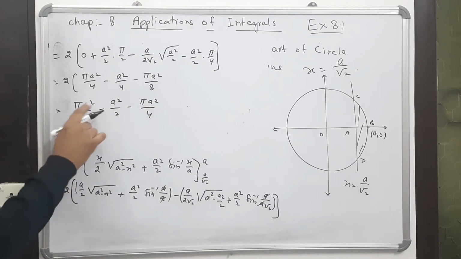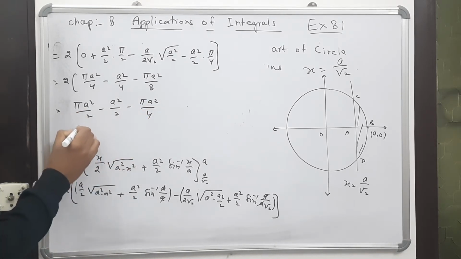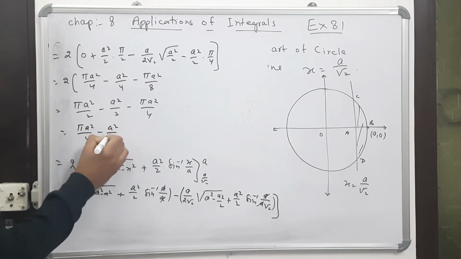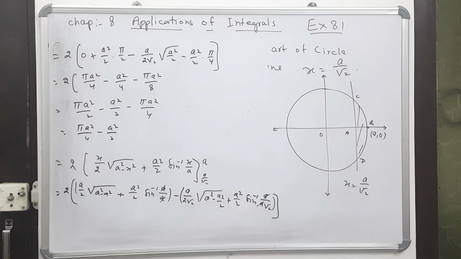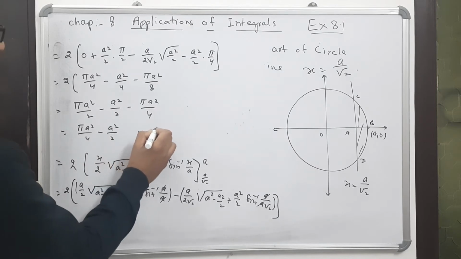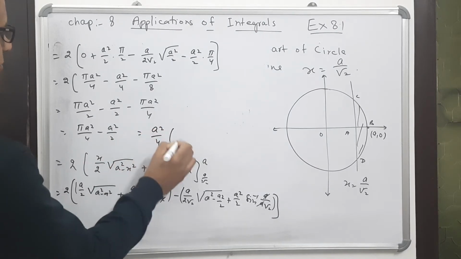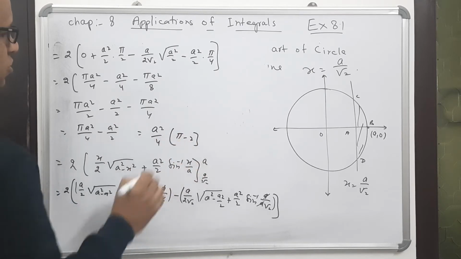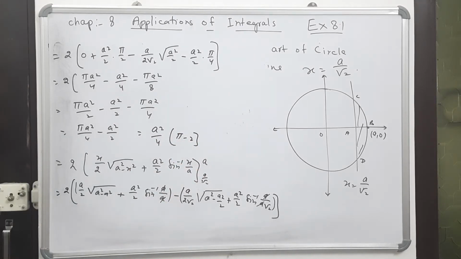So here pi a squared by 2 and pi a squared by 4. So pi a squared by 4 minus a squared by 2. That is the final answer. And if you want, you can take a squared by 4 common, then it is pi minus 2. So that is the area of this part.